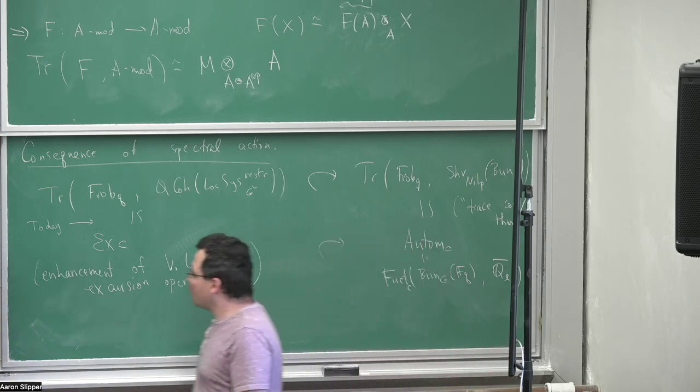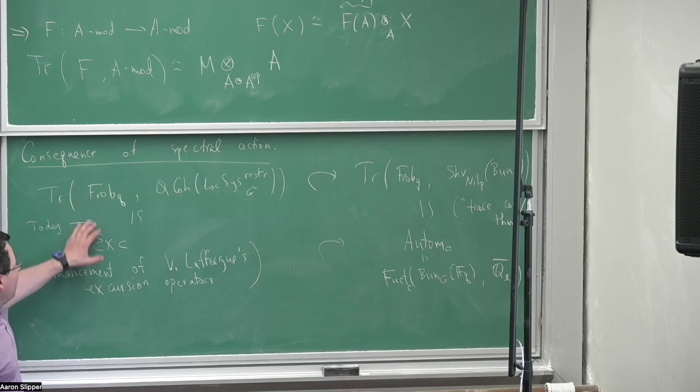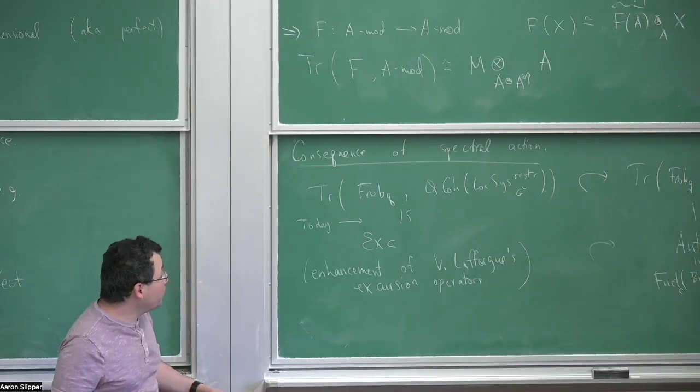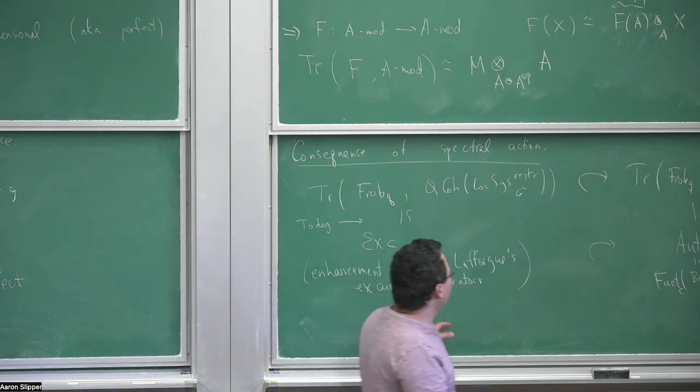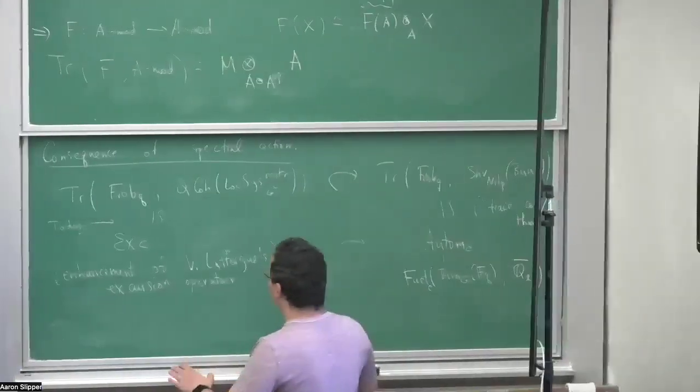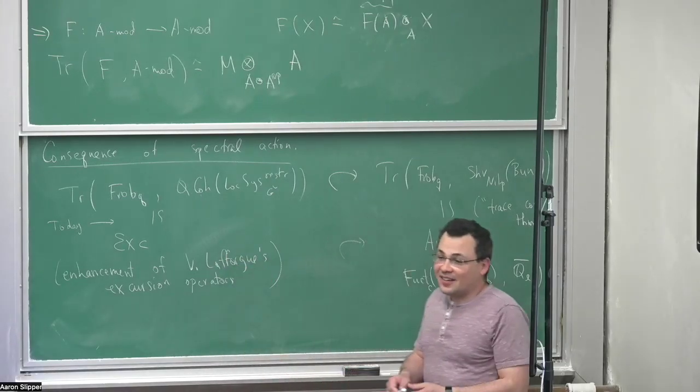So today I want to explain the easier identification, which is this one. On some level it's psychologically nice, but after all of this is said and done, you should forget all about excursion operators.